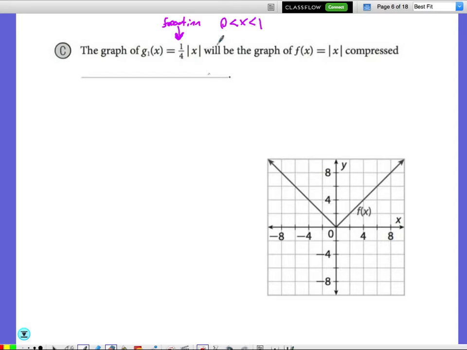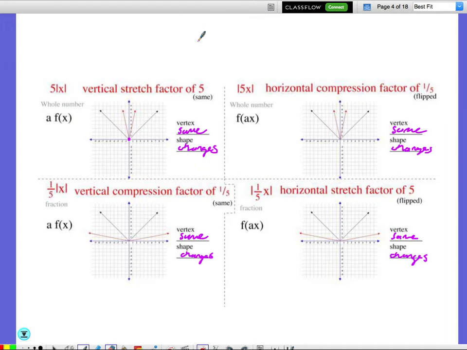So this is a very important condition. It has to be between 0 and 1, which in this case, it is. Whenever we have a fraction outside the absolute value, here we see this right here.